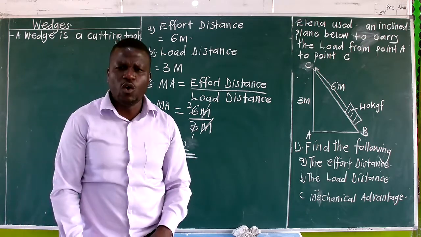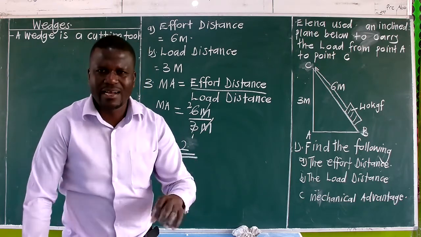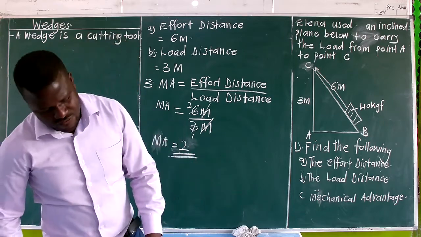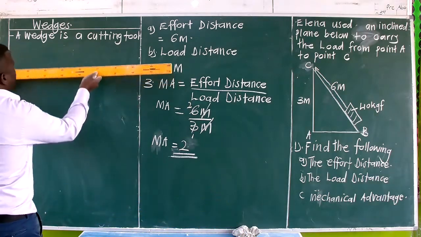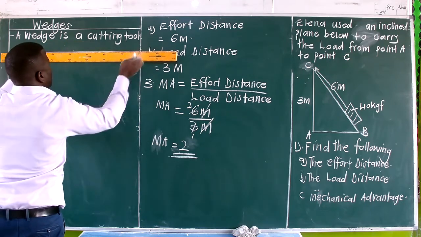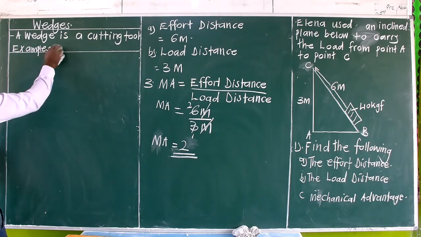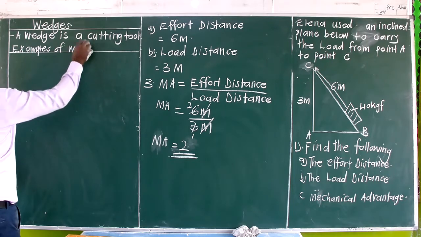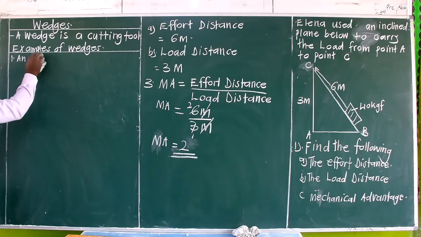Any cutting tool you know is under wedges, or is an example of a wedge, like a panga, an axe, a knife. All those are examples of wedges. So we look at examples of wedges. We have so many. One, we have an axe.